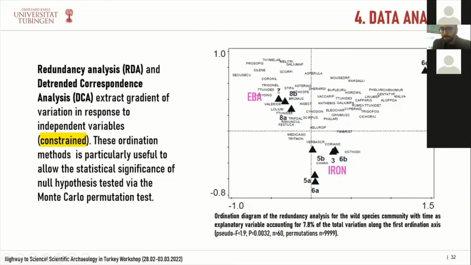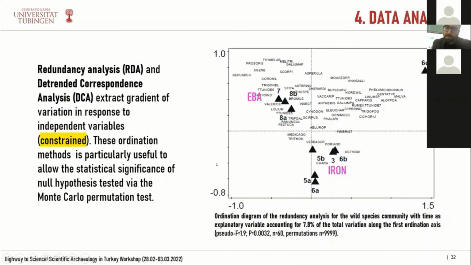Here, in this plot on the right side, you can see that I basically constrained this according to time, and time periods. And these are the subphases you can see. Here, the early Bronze Age and Iron Age are clustered in very different positions. But very interestingly, the first phase of Iron Age, for example, clustered much differently than both of these groups.